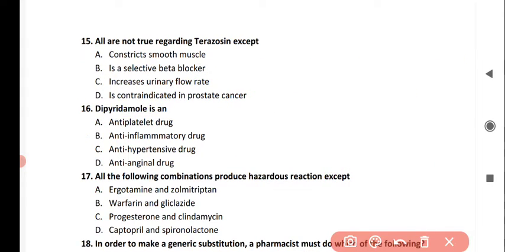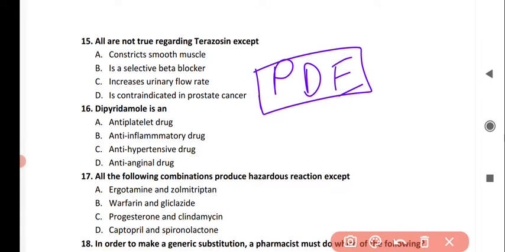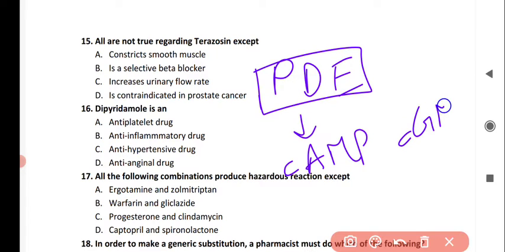Now I'll tell you the function of phosphodiesterase, PDE. It is useful for the conversion of cyclic AMP, that is cyclic adenosine monophosphate, and cyclic GMP, that is cyclic guanosine monophosphate, to their non-cyclic equivalents. Dipyridamole inhibits the function of this PDE. So option A is correct for this question, and it is ultimately used as an antiplatelet drug.